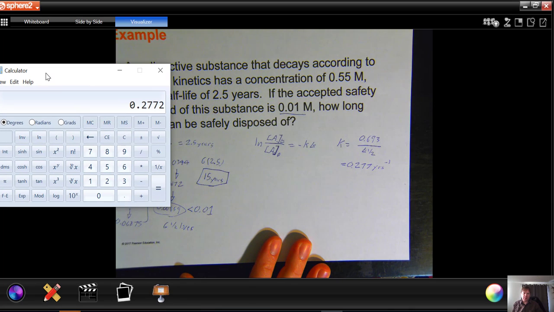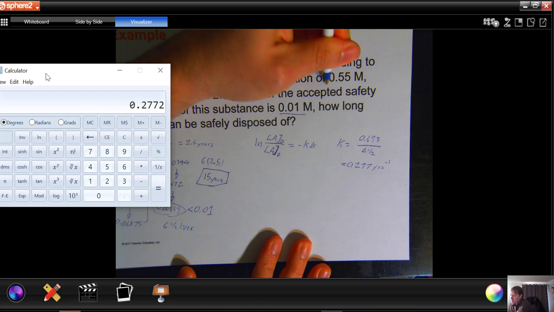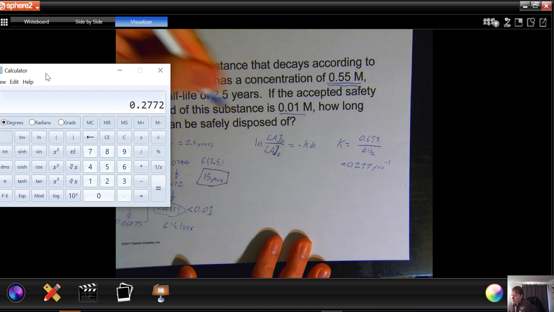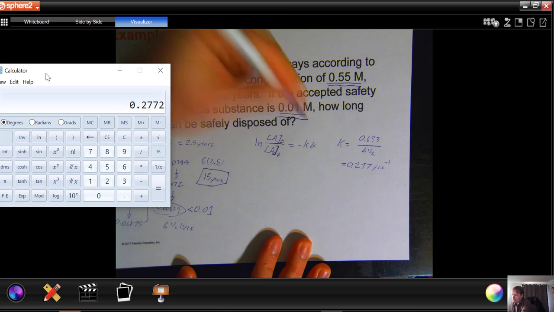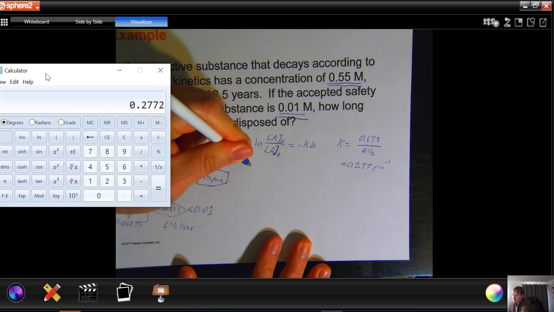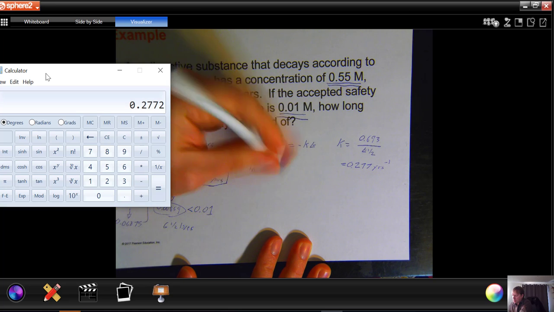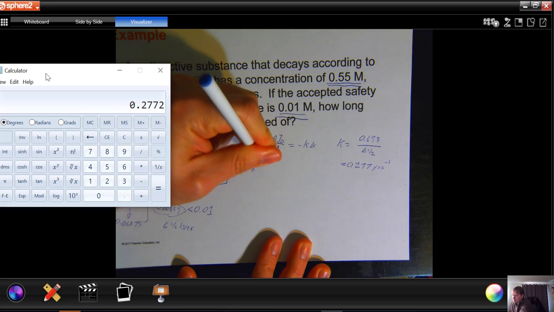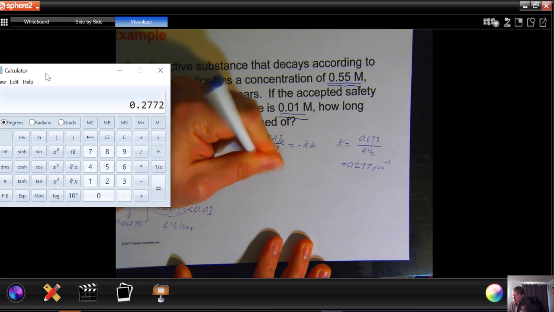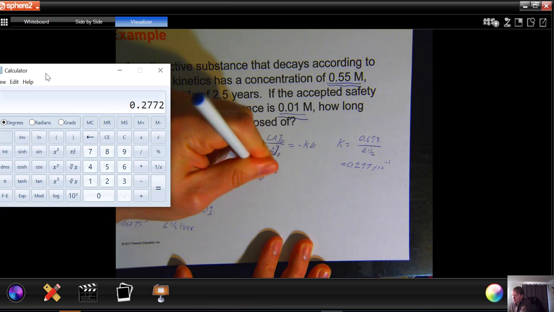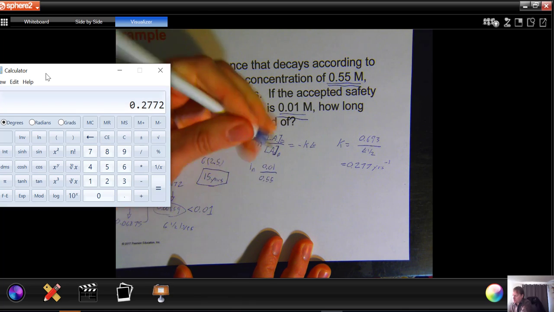And then let's see, what else do we need to know? We need to know the final concentration and initial concentration. We have those up here, right? So initial is here. Final is here. So let's go and put those in. So we have natural log of our final, 0.01 divided by initial 0.55.